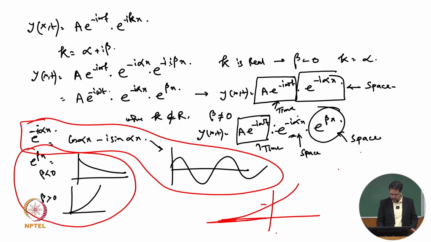So this is beta positive and this is beta negative. Once it is positive, it is growing, otherwise it is decaying.